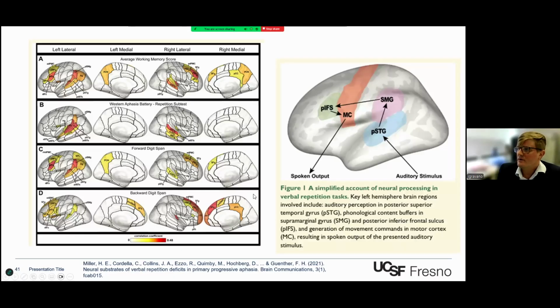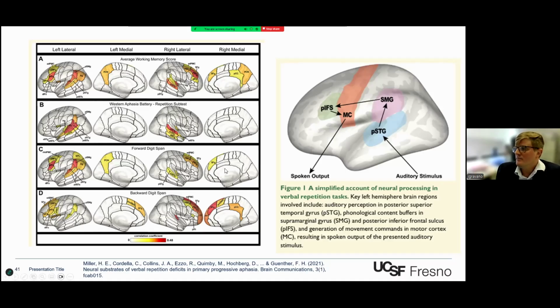This is another study looking at simple verbal repetition tasks, what should be involved, as well as things we tend to use as behavioral assays of working memory or verbal concentration span.